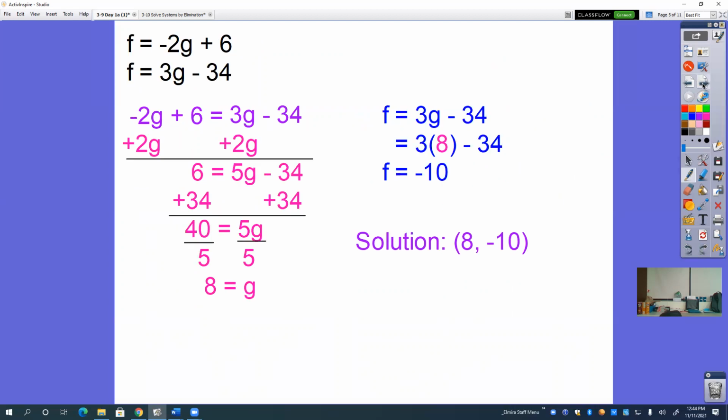Okay, so same one here. F equals negative 2G plus 6 and F equals 3G minus 34. Again, they're both equal to F, so we set them equal to each other.